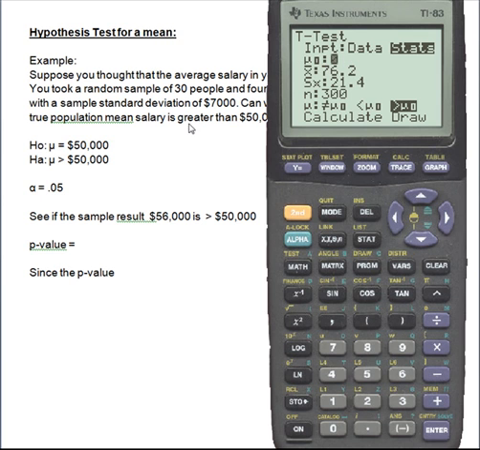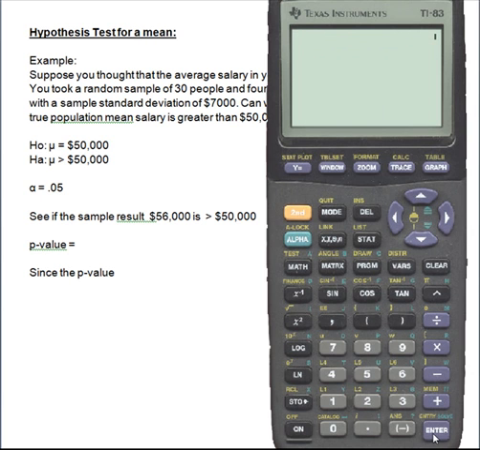The null hypothesis is 50,000, but I'm just going to put 50 because the thousands scale out. X bar is 56,000, so 56. The standard deviation was 7,000, so 7. If you put in the thousands, everything would come out the same. The sample size n is 30, and we do think it's greater than 50,000, so we'll keep that. Then we go down, hit calculate, and hit enter.